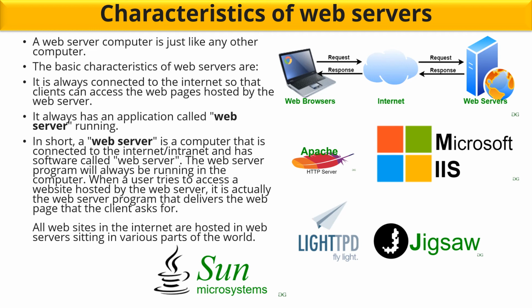Then LightTPD is one of the web servers. The next is Jigsaw, which is also a web server. And since we are also learning Java, Sun Microsystems has developed a web server too. So those are all examples of web servers.